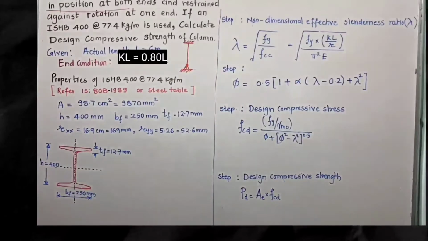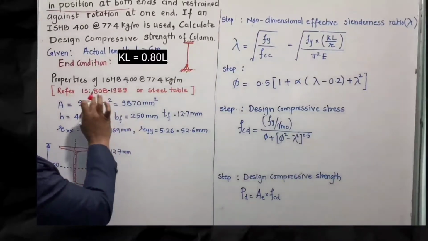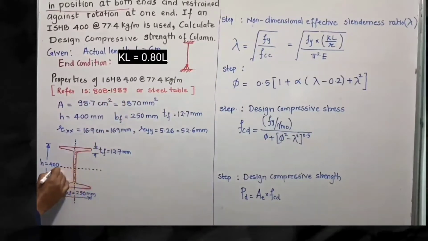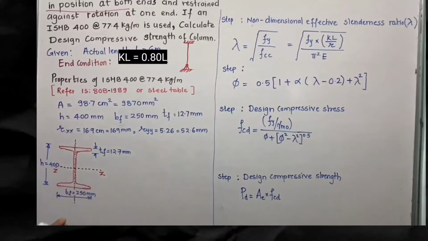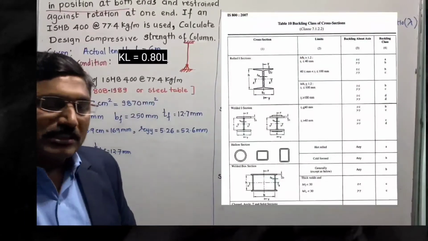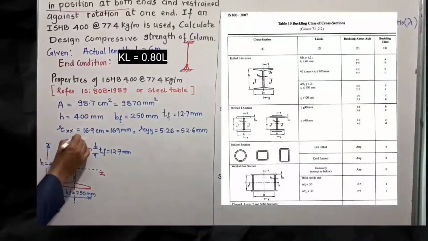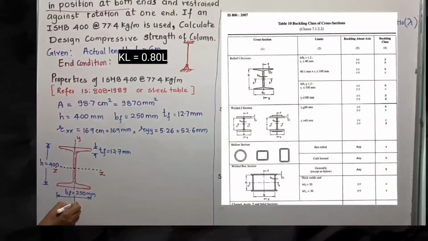Now this x-axis, which is given in your IS 808, is defined as the ZZ axis in IS 800 2007, and this is your y axis.